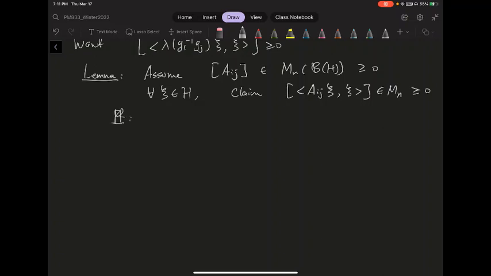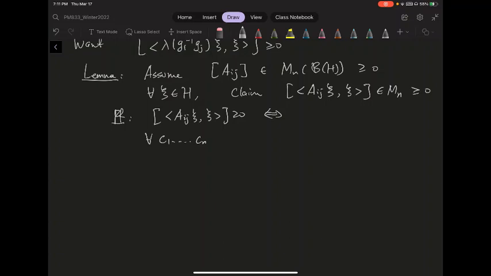If you want to show something is positive definite, you just need to show that if you test it on any vector, you get a non-negative value. In other words, this matrix of Aij psi with psi is positive definite if and only if for every C1 up to Cn, a scalar n-dimensional vector, you take this vector and the inner product with the vector, and it returns a non-negative value always.